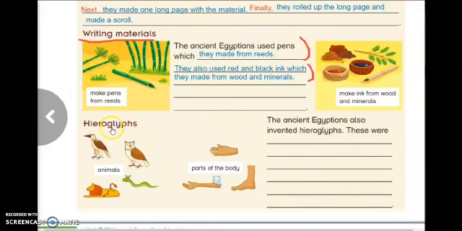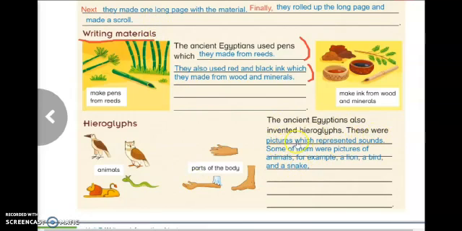Now move to the last subheading, which is about hieroglyphs. As you can see here, we have pictures of animals and we have a label, animals, and here we have part of the body. Also, we have pictures about part of the body. Now, let's complete this paragraph about hieroglyphs. The ancient Egyptians also invented hieroglyphs, a type of ancient Egyptian writing.